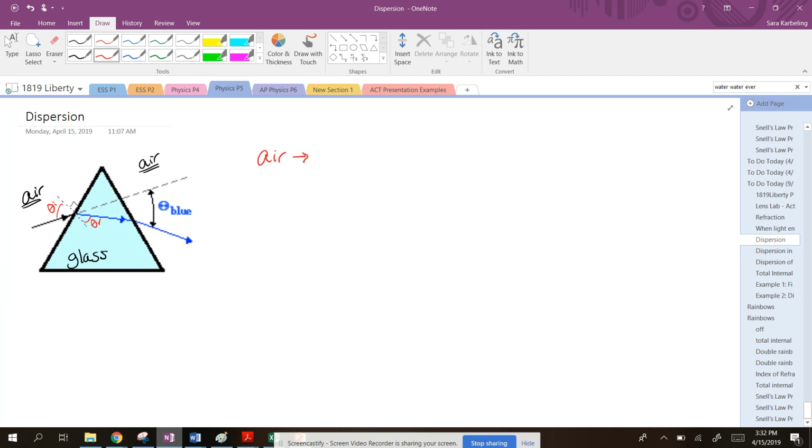From air into glass, the light bends toward the normal, which should not be a surprise because the glass is a more optically dense medium. So it's going to bend toward the normal, which makes sense.